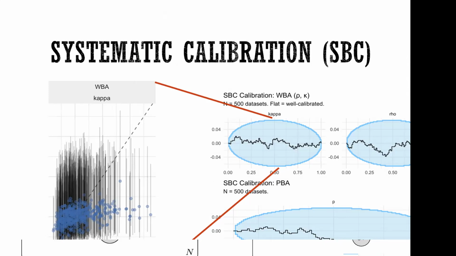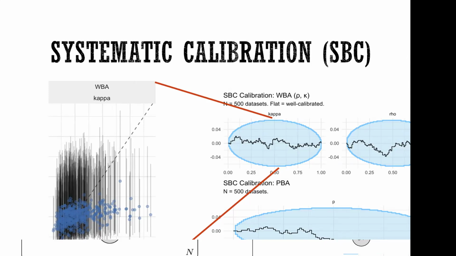Or we could have that they nicely line on the diagonal, but they have very small confidence intervals or credibility intervals, and therefore the true value is always on the tails.